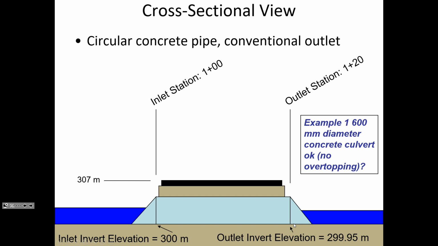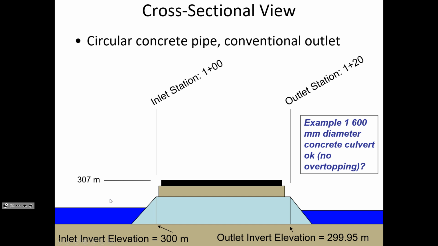Here they match. And so we're going to use these elevations when we start translating it into the computer. So the question is, can a 600 millimeter diameter culvert accommodate this flow with no overtopping? So the water level shouldn't rise to 307, because as soon as it gets to 307, the water starts going over the top of the road.